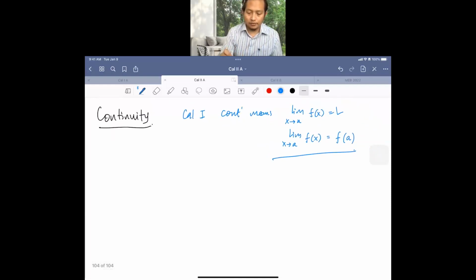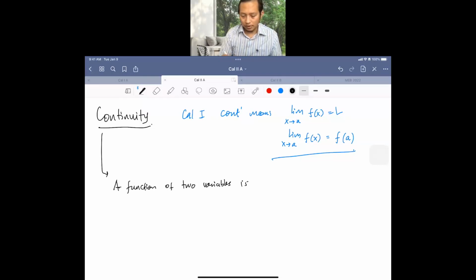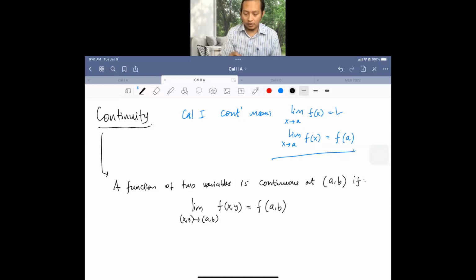Now a function of two variables is continuous at a certain point (a, b) if the limit is equal to f(a, b). I think it's a similar approach to calculus 1.